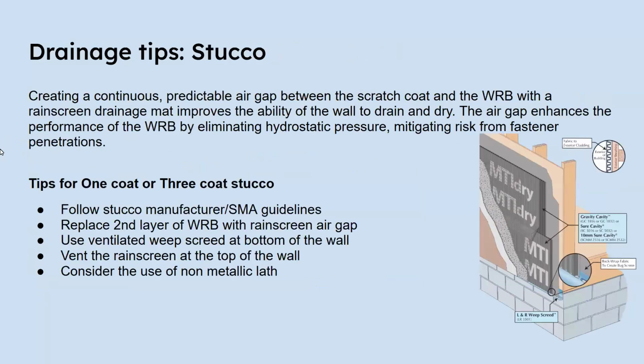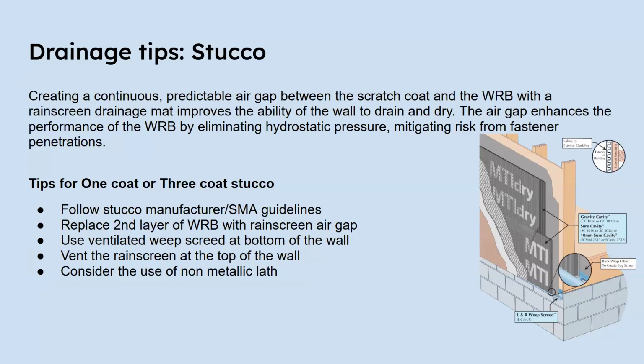Stucco, same consideration. Stucco is a little more complex wall system to install than brick or stone. It's got more rules and regulations. You want to follow the Stucco Manufacturers Guidelines or the Stucco Manufacturers Association guidelines quite rigidly. There's also different codes in different parts of the country for thickness of stucco allowed, types of lath that are allowed over different types of substrates.